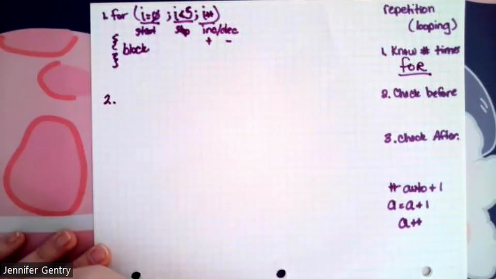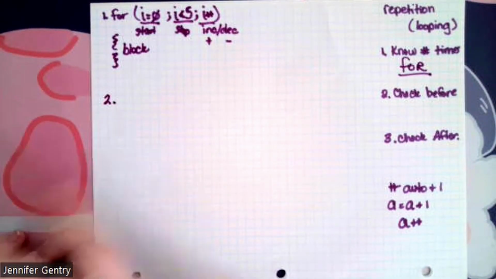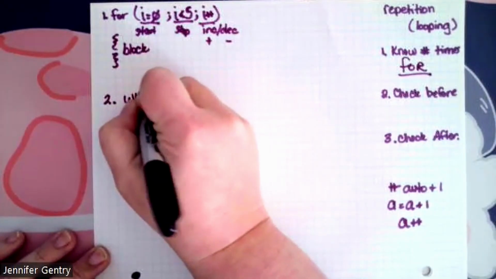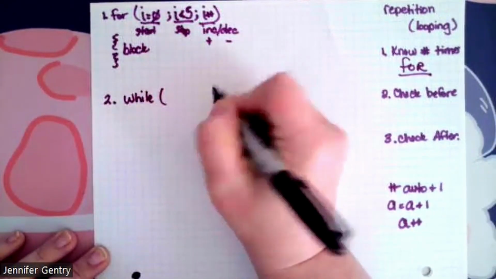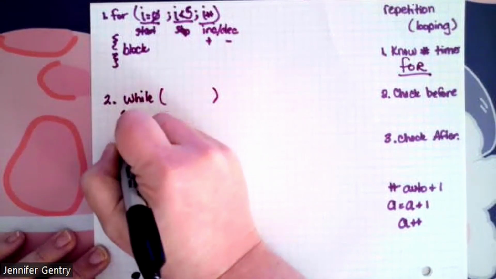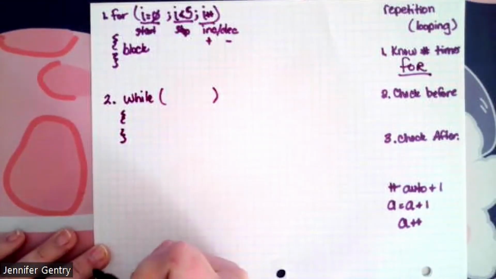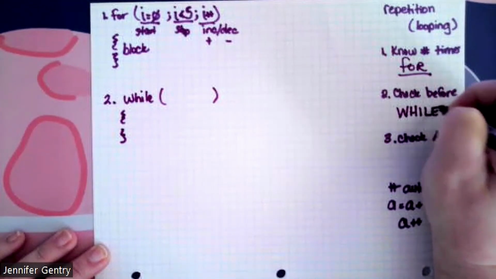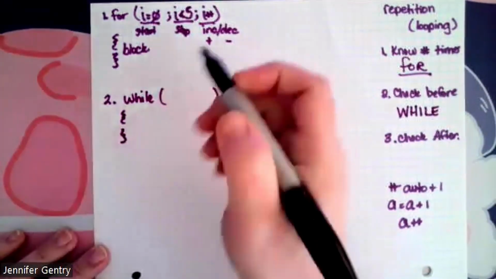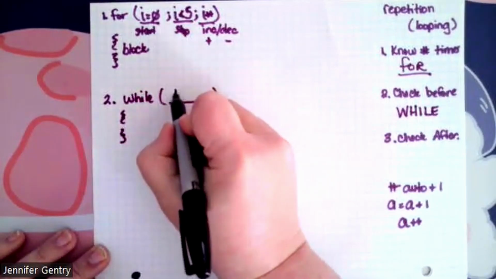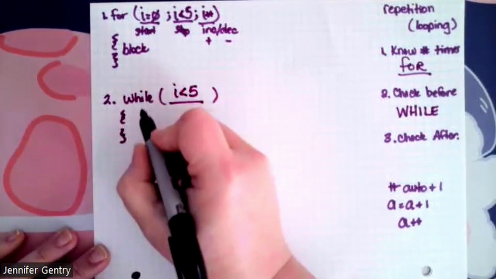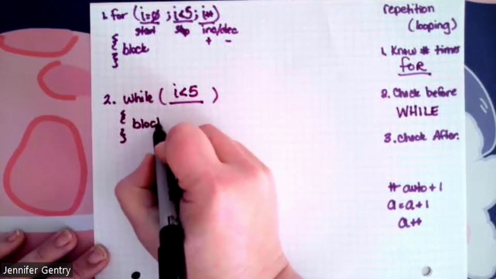Number 2, we've got checking before we do any kind of coding, and that's while. So while something, while I is less than 5, do something. Okay, do my block.